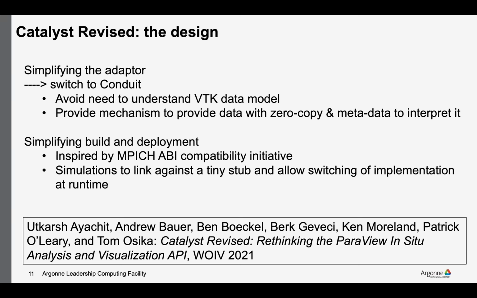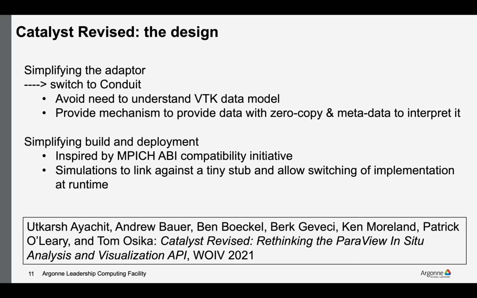For example, Catalyst 2.0 adopted Conduit, the one in Ascent, from Livermore. That simplifies the description of the data model, and at the same time provides zero copy. They're also inspired by the ABI specification that, for example, MPICH uses, that allows you to substitute MPIs from different vendors. It tries to do the same.